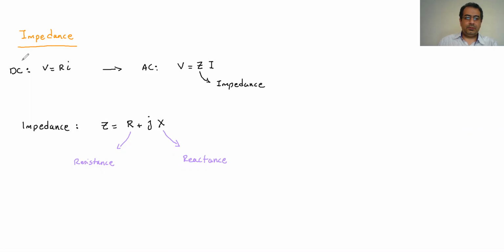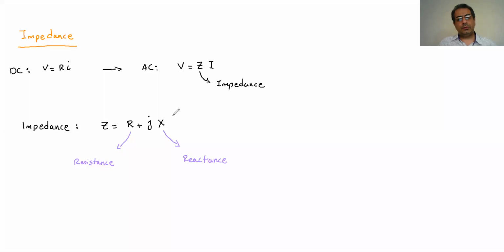So one more time, we have a simple Ohm's law in the DC, and we want to have a very similar one in the AC format. So we write V is equal to Z times I. Z is the impedance, and R is the resistance in the DC. Here the impedance is made of the effect of the resistance and the effect of the capacitance and inductance.